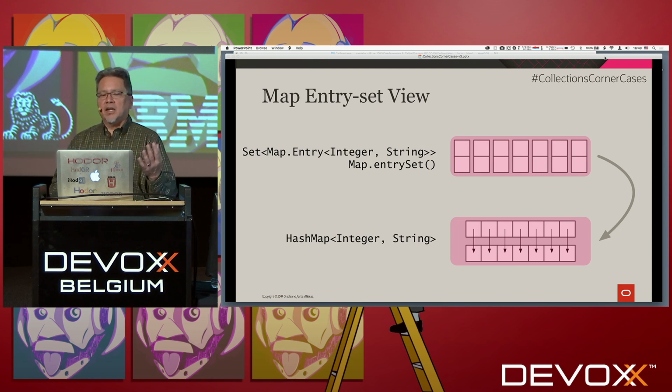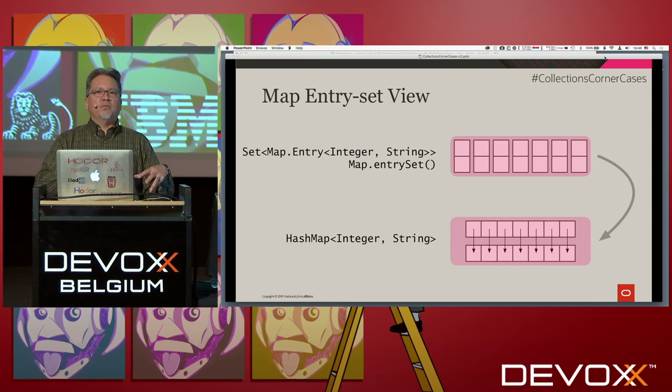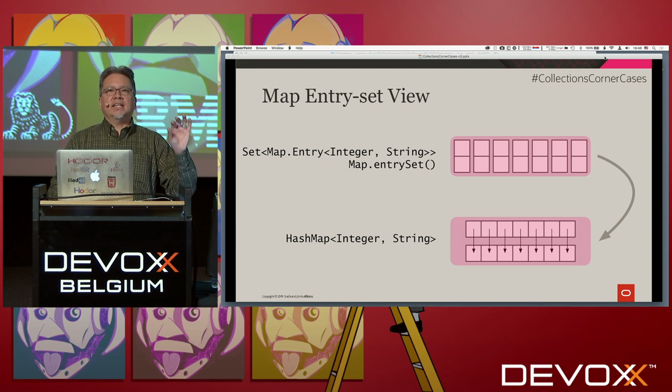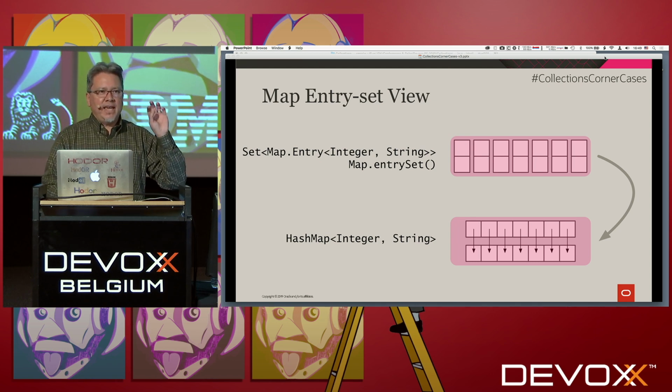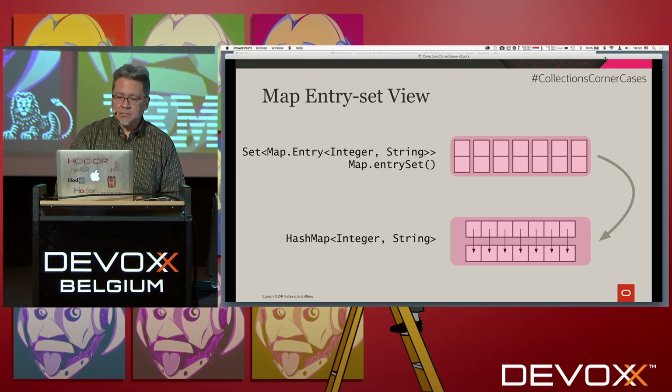And so you can operate on it like a set, whereas you cannot operate on a hash map like a set. It's representing exactly the same information, and in fact, once again, the entry set view does not contain the elements itself. It's a differently shaped view onto the underlying map.